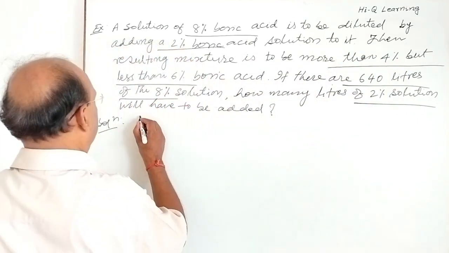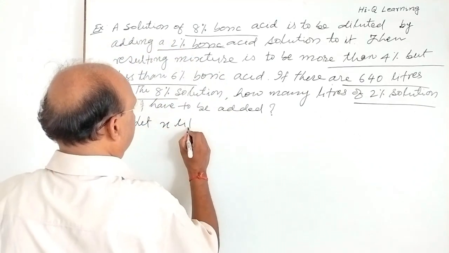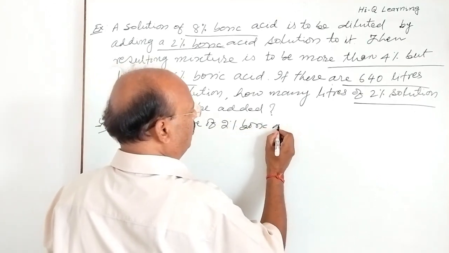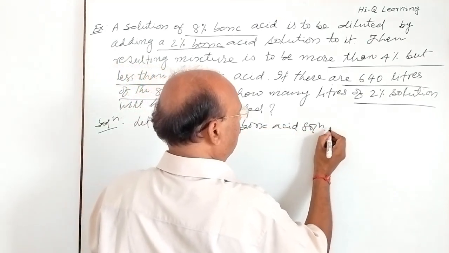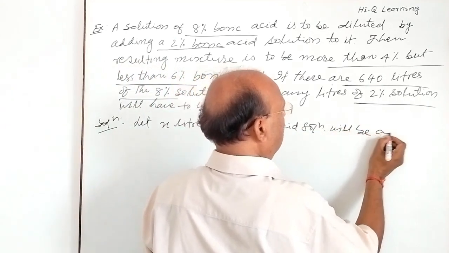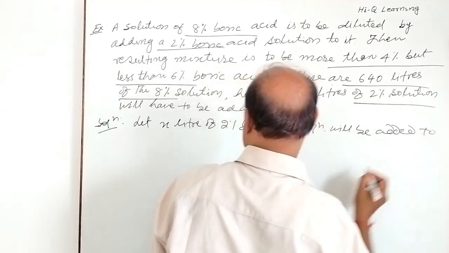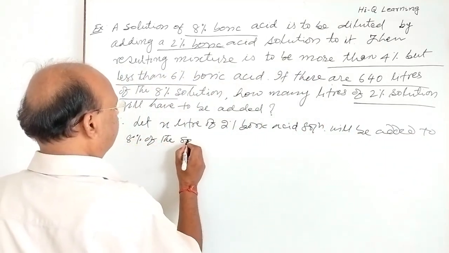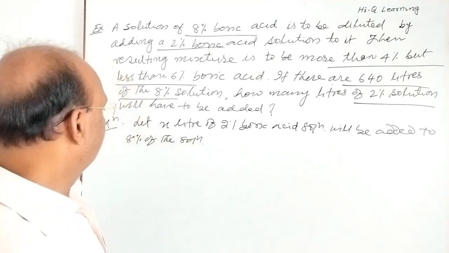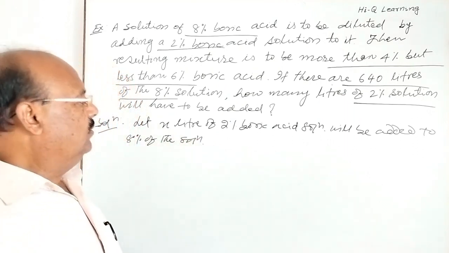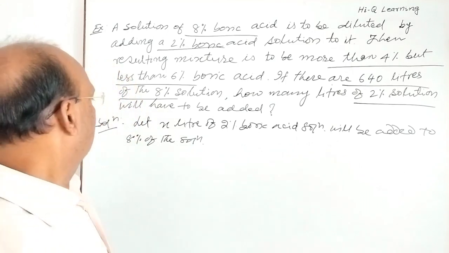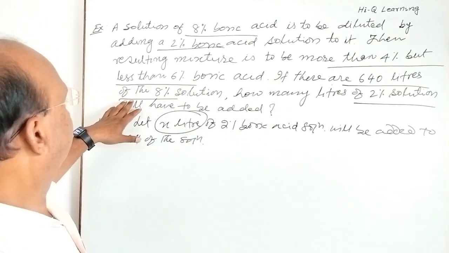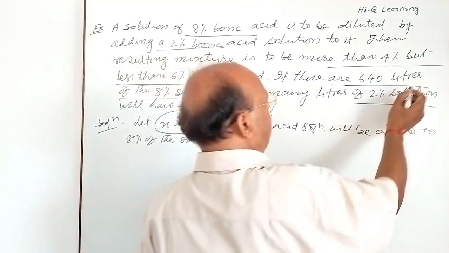So let X liters of 2% boric acid solution be added to the 8% solution, correct? So what will be the total amount of the solution? X liters, and given here 640 liters.